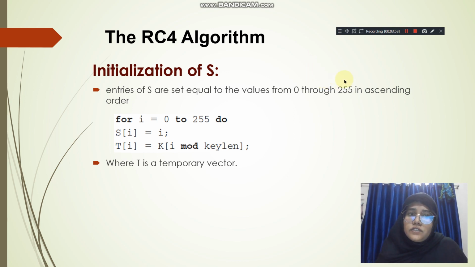This slide introduces initialization of S. Entries of S are set equal to the values from 0 to 255 in ascending order. So for i equals 0 to 255, S[i] equals i and T[i] equals K[i mod keylen], where T is a temporary vector.